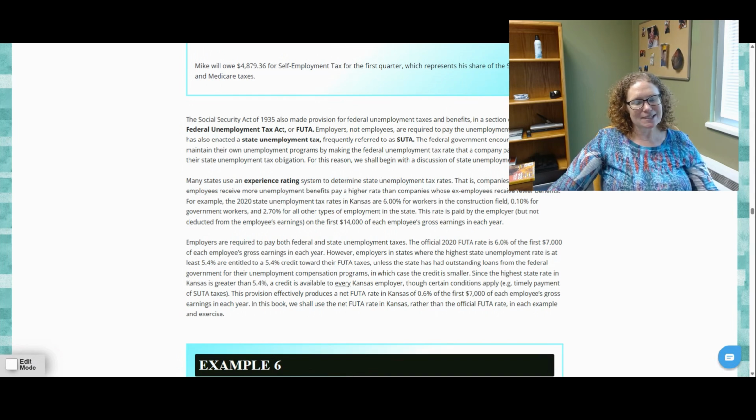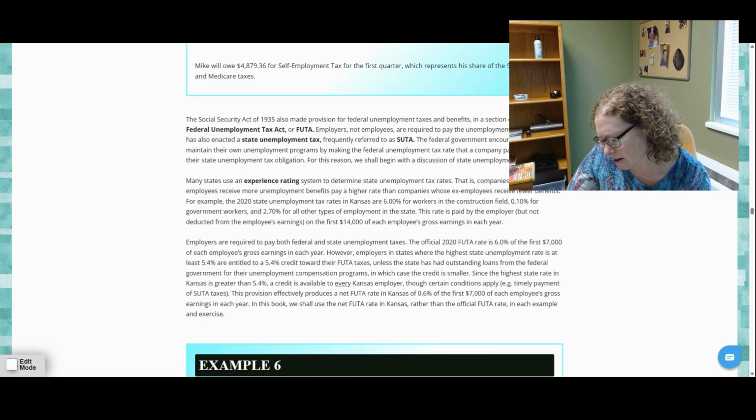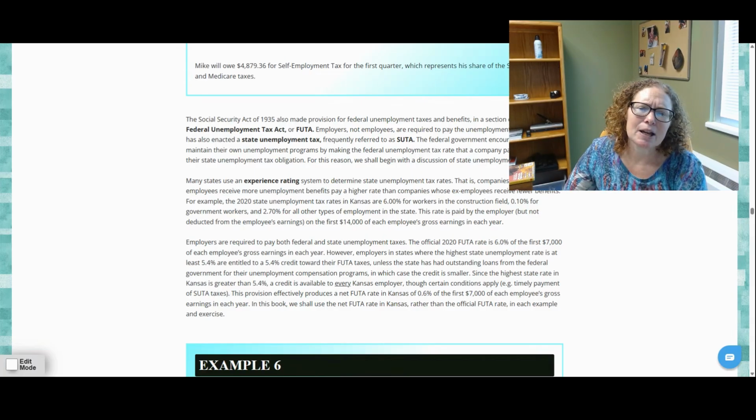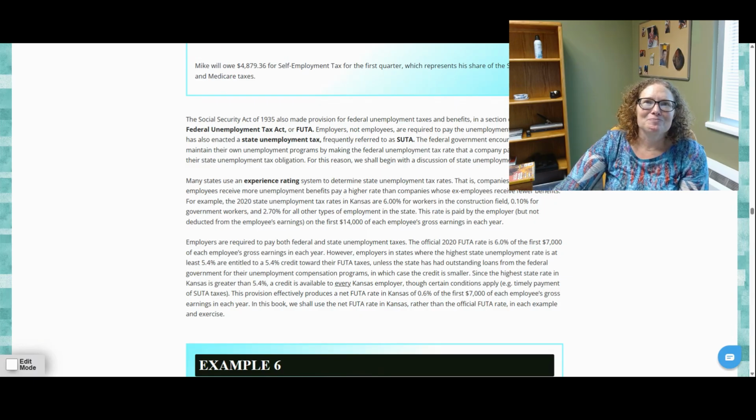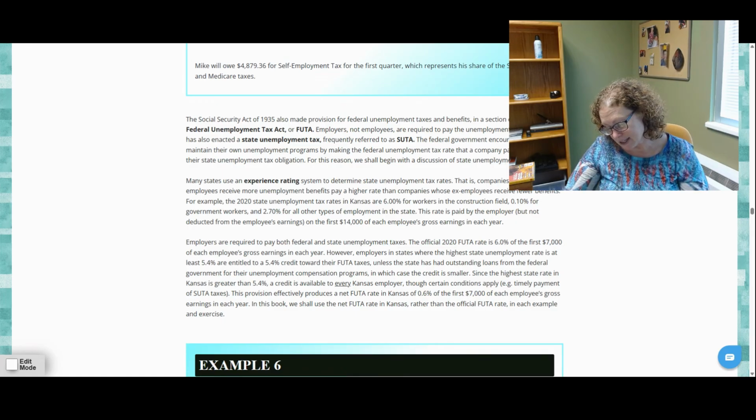We're paying unemployment taxes, and it can differ depending on, and they call it the experience rating, and that's just if there are jobs that have a higher percentage of employees or ex-employees that typically get unemployment benefits, then they have to pay at a higher rate than they would if it was one that's not considered.